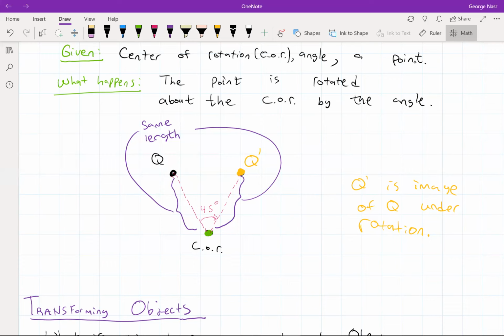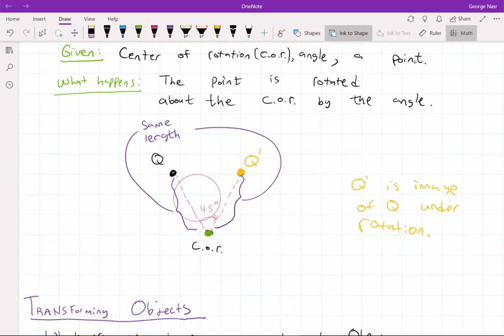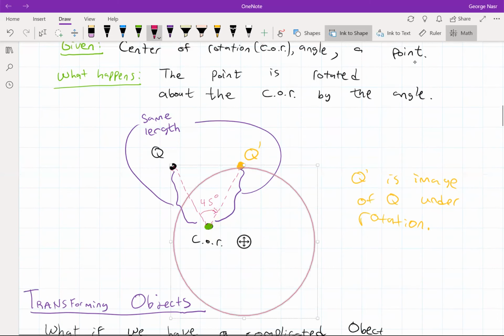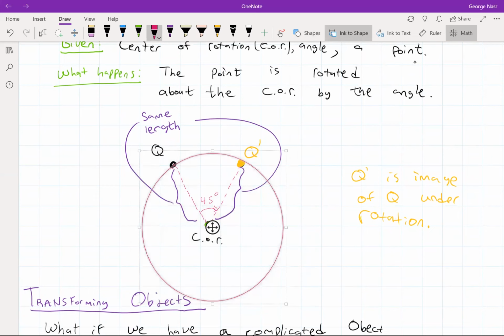But the idea is that when we say rotating about a center, I don't want my distance from the center to change. I just want to rotate around it. The basic idea is that we end up on a circle somewhere. It's not a perfect circle, but when I rotate about this point, I end up somewhere on this circle, and where depends on the angle.